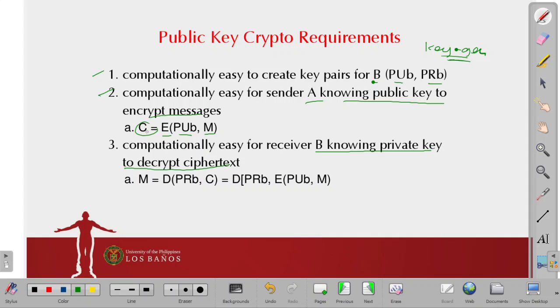So in this case, we have the ciphertext encrypted with the public key, and then the receiver should be able to decrypt that, the C here, with his private key B, which is actually equal to this. So we can just substitute this one with this. It should be computationally easy to do that.